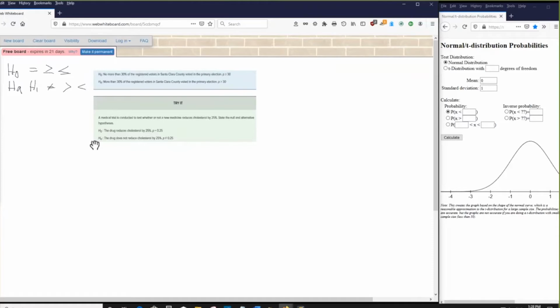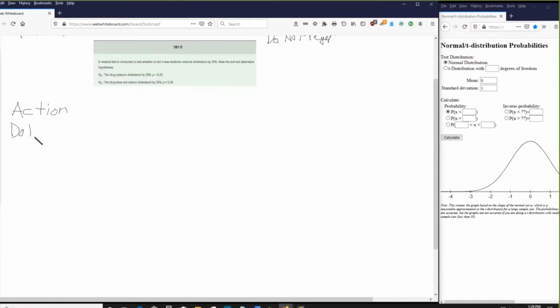Okay, now there are 4 possible outcomes depending on the actual truth of the hypothesis and the decision to reject or not reject. So let's look at what those might be. My 2 actions are do not reject the null hypothesis and reject the null hypothesis.